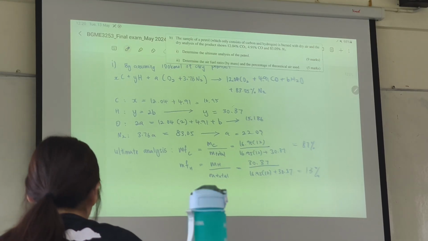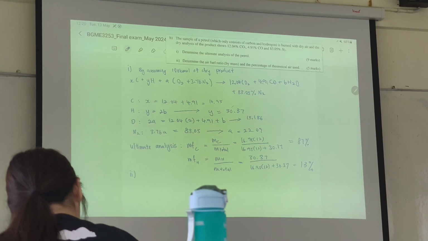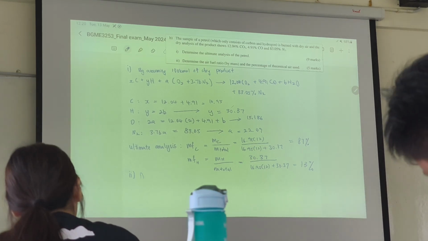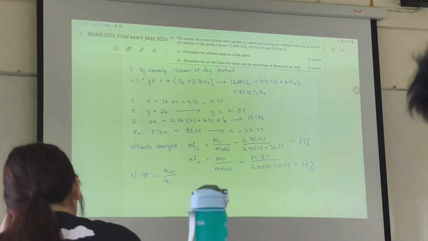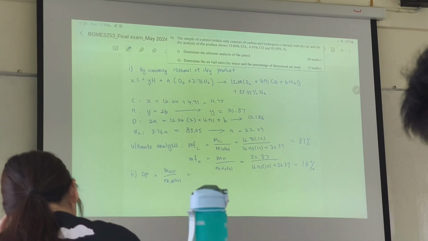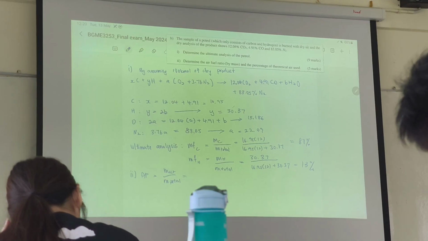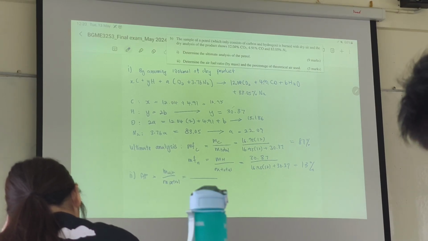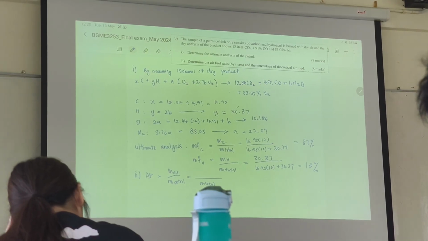Okay. So lastly, air fuel ratio by mass. So air fuel ratio here can find very easily based on mass of air over mass of petrol. So mass of petrol again is just the M total. So this M total and air, the answer is that.